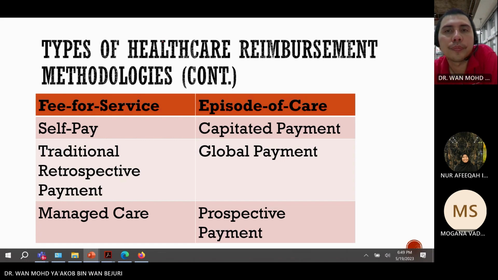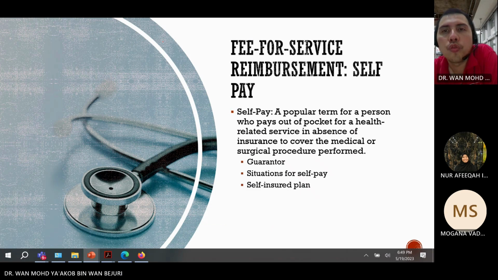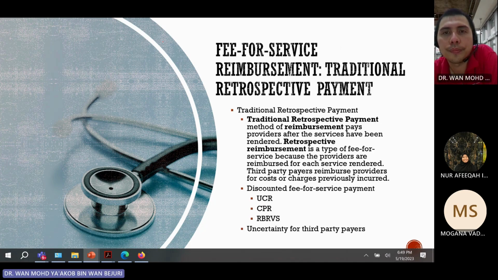For the self-pay, basically, self-pay is a popular term for a person who pays out of pocket for a health-related service in the absence of insurance to cover the medical or surgical procedure performed. So it needs a guarantor, situation for self-pay and self-insured plan.